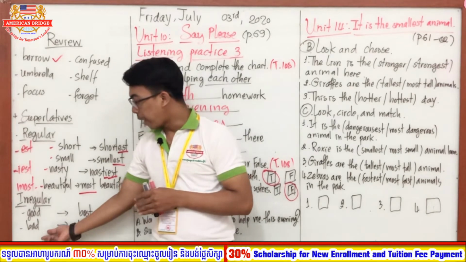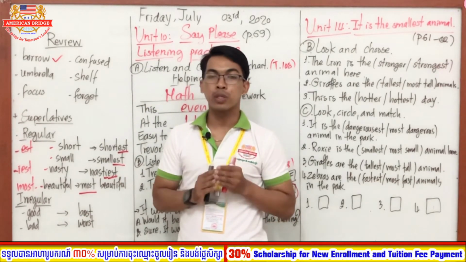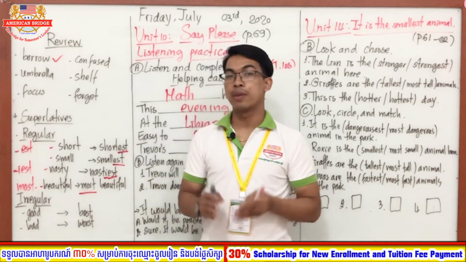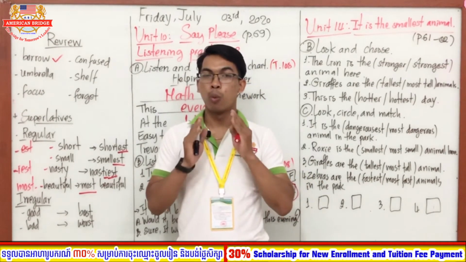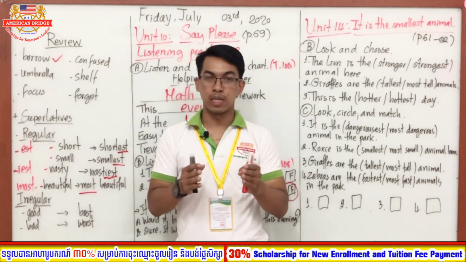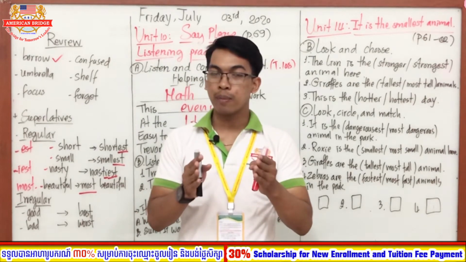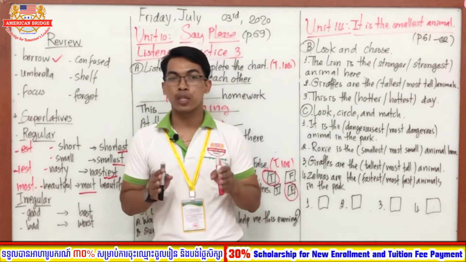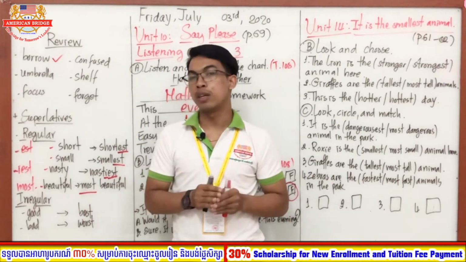The last one is the word bad. It is an adjective. When we change it to the superlative adjective, it becomes worst, W-O-R-S-T. How about the comparative adjective? Do you still remember? Yes, very good. Worse, W-O-R-S-E.